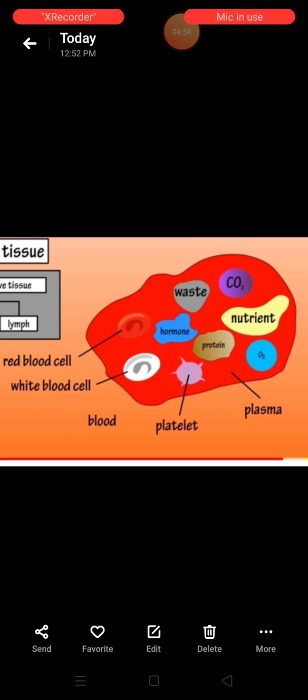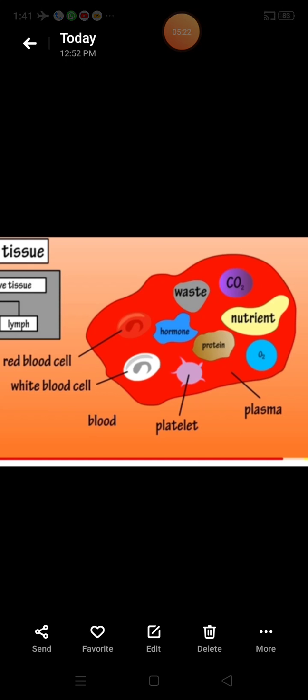Okay, now I will explain the answer of these questions one by one. Here, blood is an example of connective tissue. Its matrix is known as plasma and it is fluid-like.